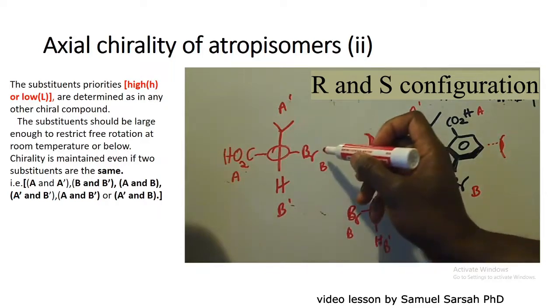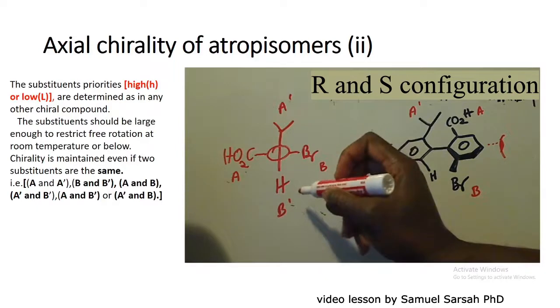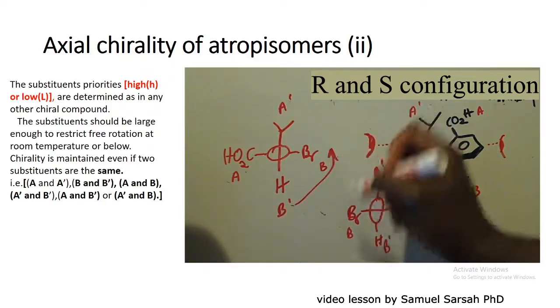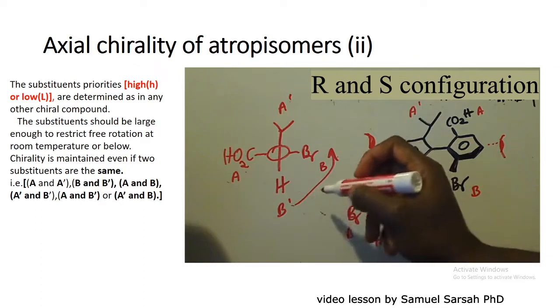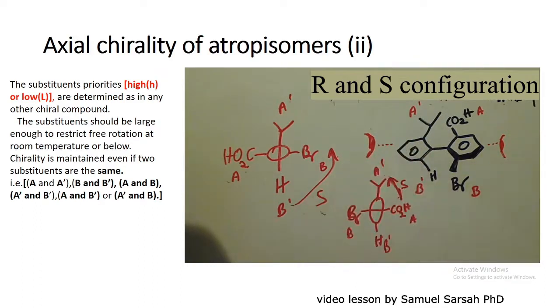Of course, the bromine is higher in priority than the carboxylic acid. So I have to go from here to here, and therefore this is S direction. So either way will give me the same configuration.